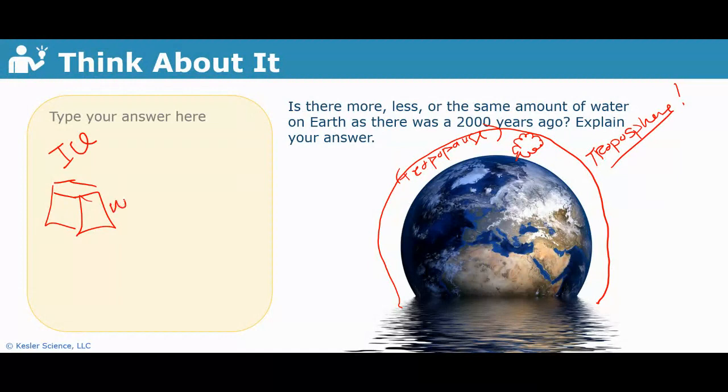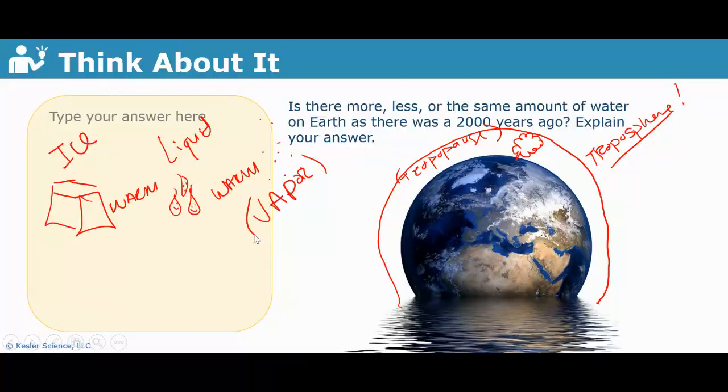You can warm it up, and eventually that ice becomes liquid, and you get these little liquid droplets of water. And then from a liquid, you can really add energy and warm it up. And when you do, that's when you get vapor. And the vapor is the warmest thing. That's back into that gas.